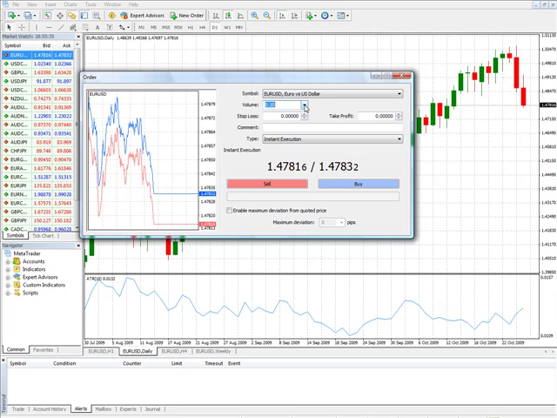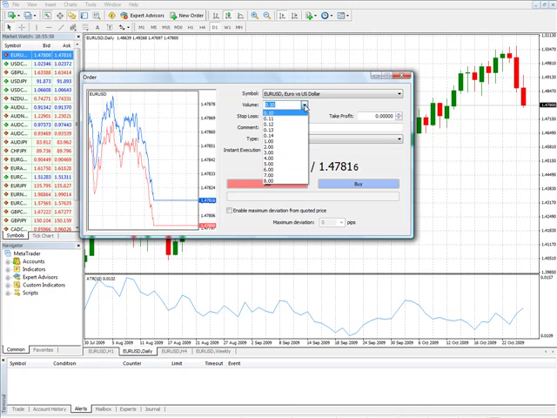But as you can see here, we can control our risk with virtually any account size, as long as the broker you're using allows flexibility in the size of the trades that you place. And as it turns out, we have good flexibility here. That's good to know.